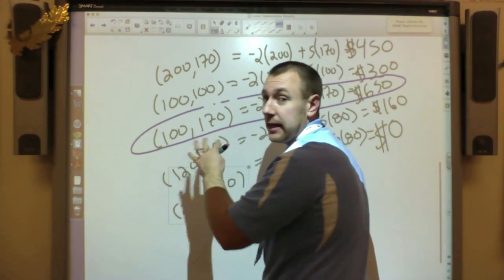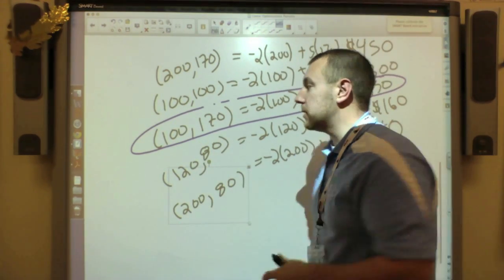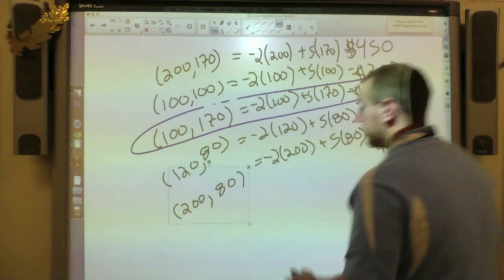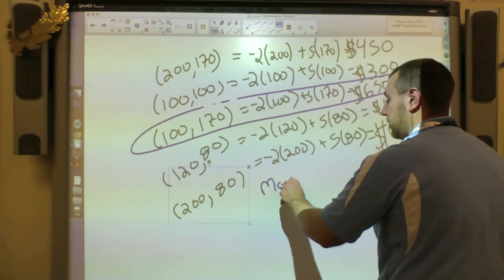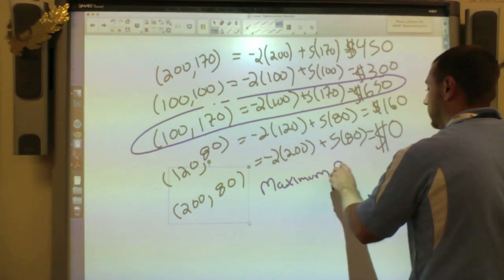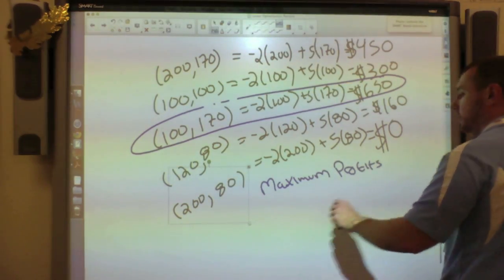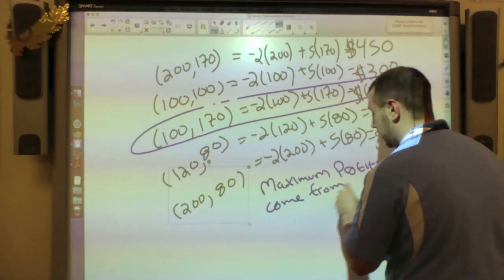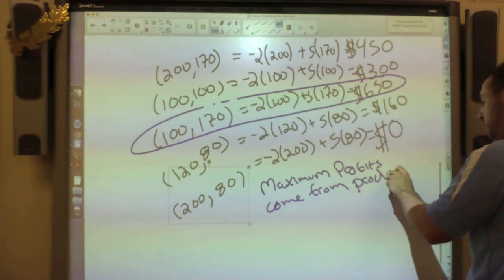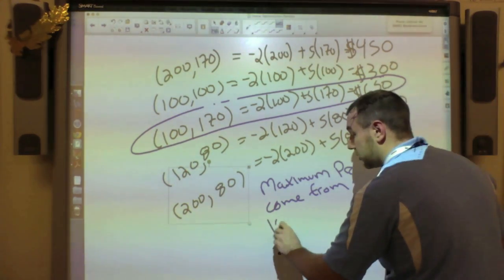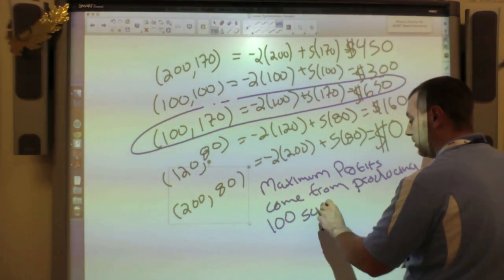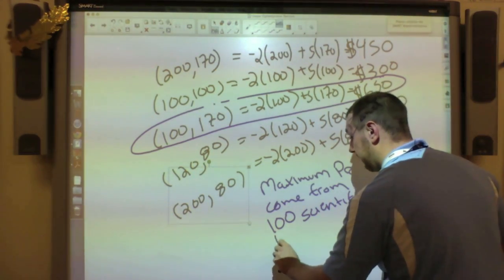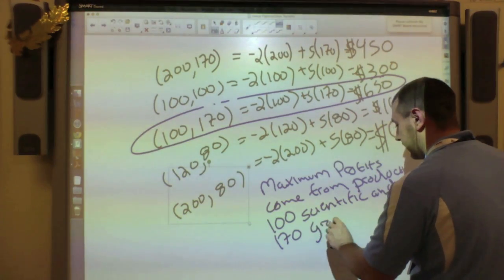It's not the point now. And again, word problems, it's never the point. What does this X stand for? The maximum profits come from producing 100 scientific and 170 graphing calculators.